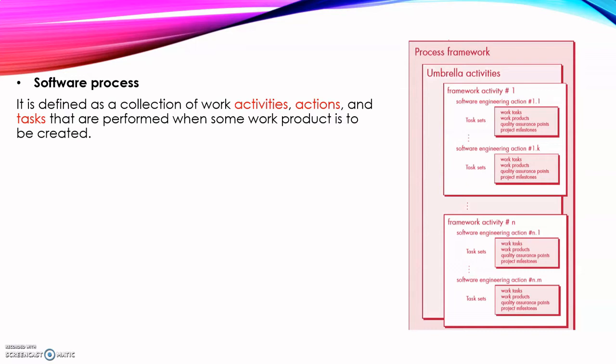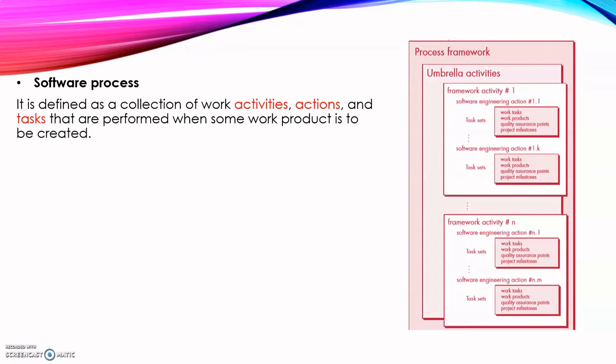Each framework activity is populated by a set of software engineering actions. Each software engineering action is defined by a task set that identifies the work tasks that are to be completed.